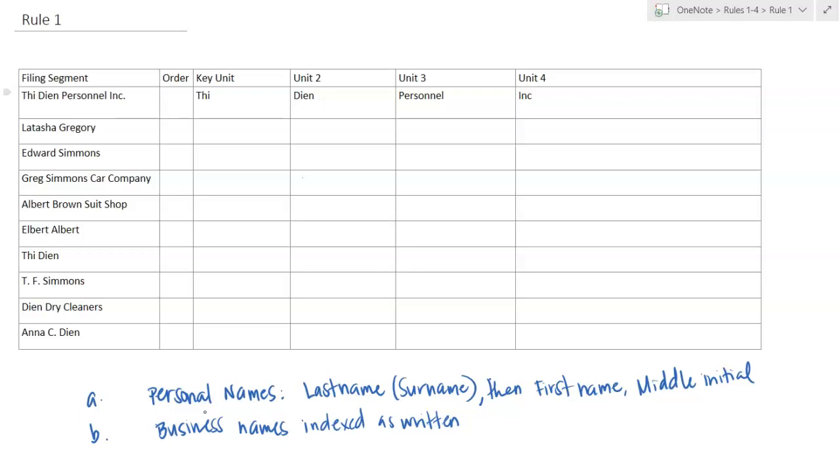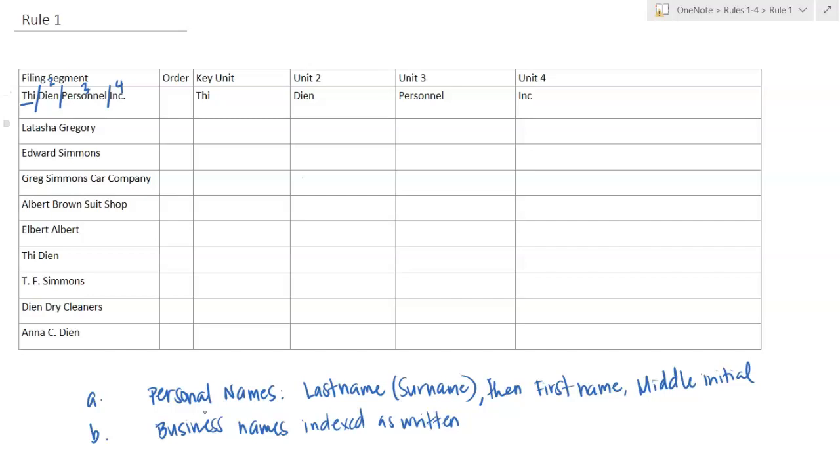This is TDN Personnel Inc. This is a business name, and because it's a business name, T is my key unit, DN is unit 2, Personnel is unit 3, and Inc. is unit 4. Then if we were to write this out, again, my key unit is T, DN is unit 2, Personnel is 3, and Inc. is unit 4.